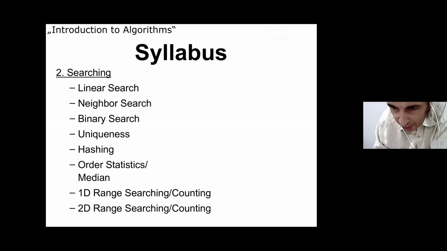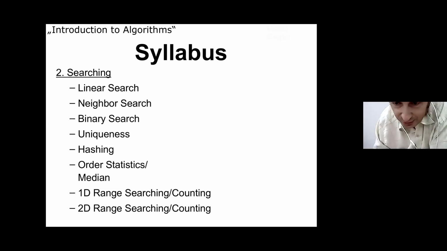We were talking about searching algorithms which operate on some array of elements of some data type and find an element in an array, or we were talking about testing uniqueness, so whether two elements in an array are equal or not.